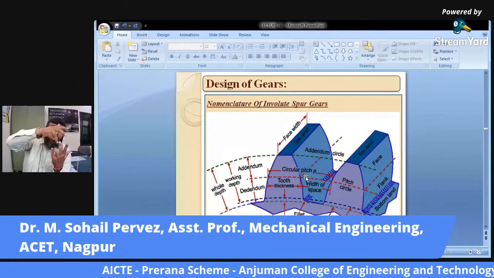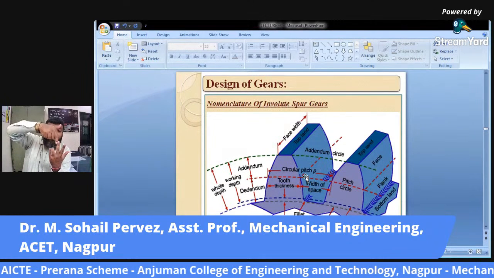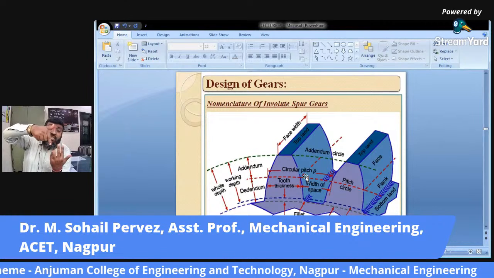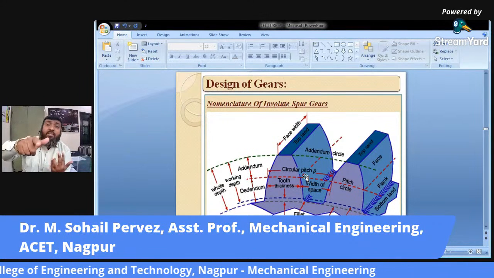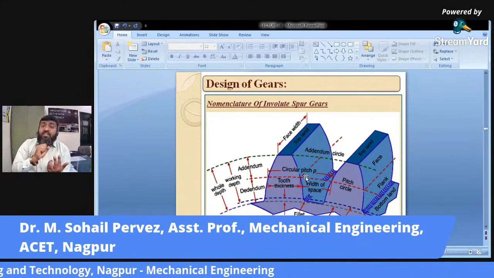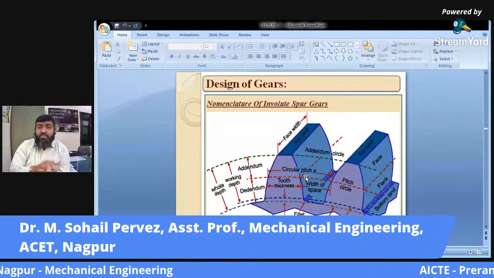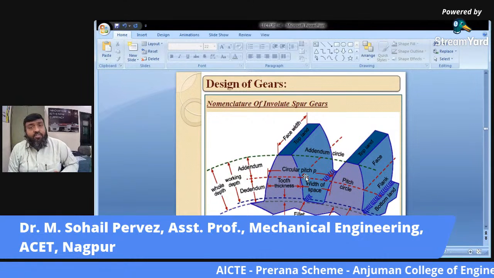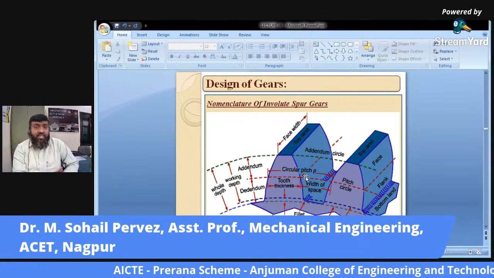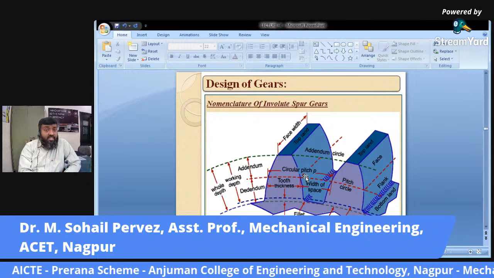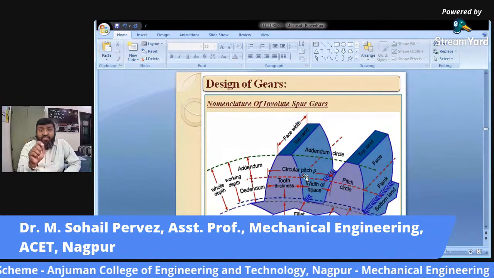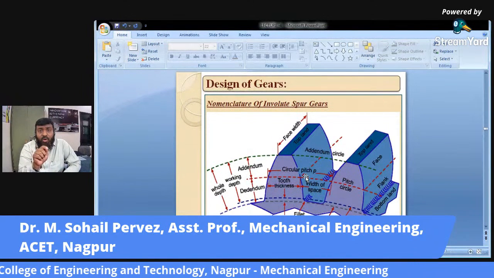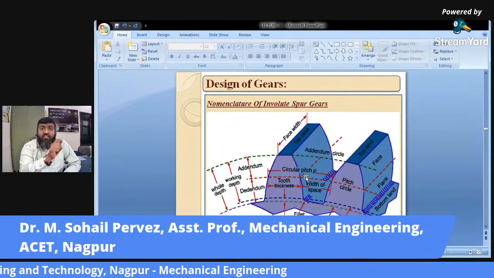Due to this tangential force applied on the gear tooth, the gear tooth may be subjected to bending if sufficient strength is not given to it. So this is called the design of gear based on static criteria. And the equation is Ft should always be less than or equal to the bending strength Fb.